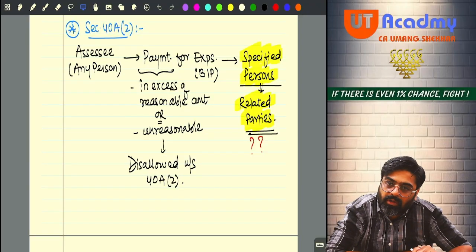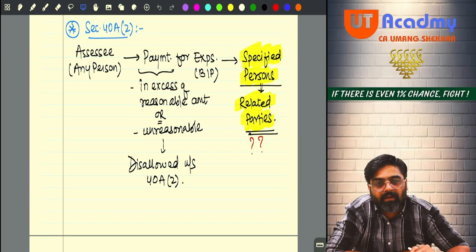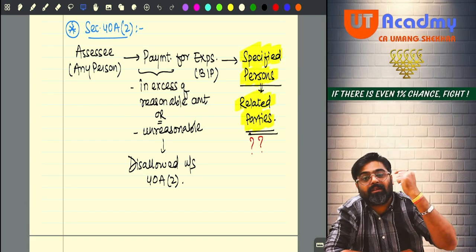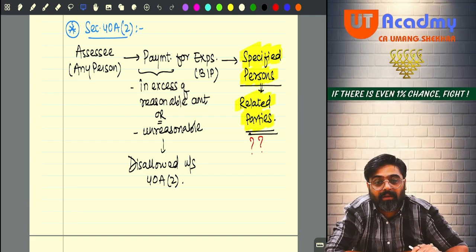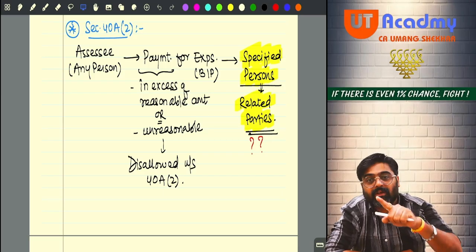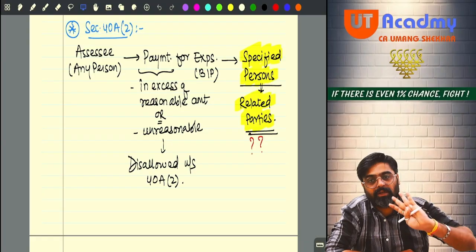So what if I am paying salary of 1 lakh and out of that 60,000 is considered unreasonable or excess than reasonable amount? Then that 60,000 will be disallowed and the balance 40,000 should only be allowed.